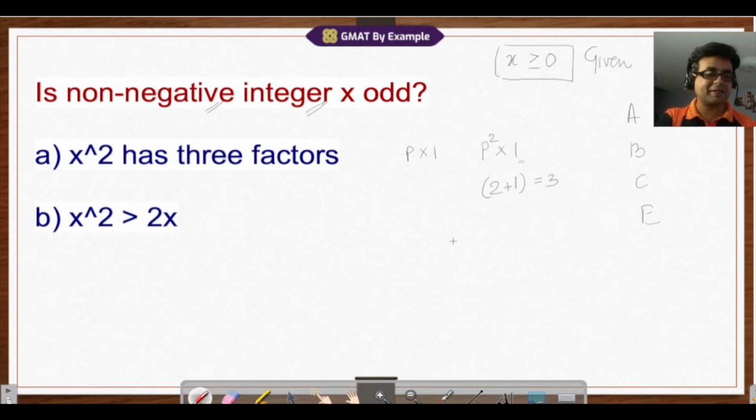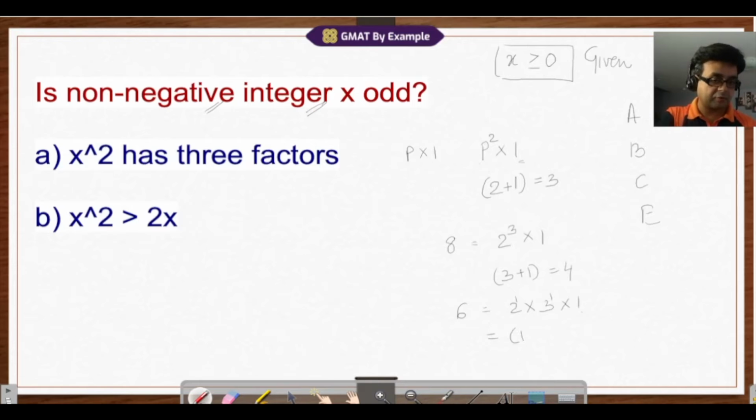If you had something like 8, which is not a prime, you can write it as 2 cubed into 1. And again, 2 is the prime number and 1 is not. And the number of factors of 8 would be the power of the prime number plus 1, so 3 plus 1 equals 4. If you take another number, let's take 6. Let's prime factorize it: 2 to the power of 1, 3 to the power of 1, and 1. 2 and 3 being the prime factors.